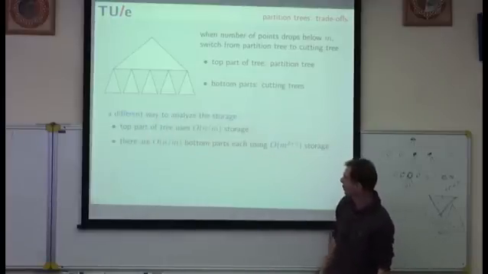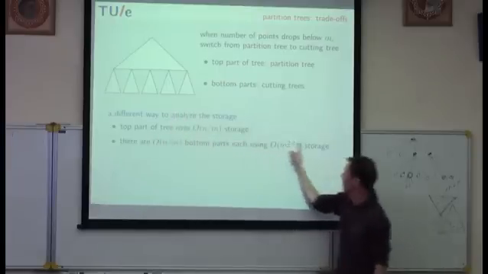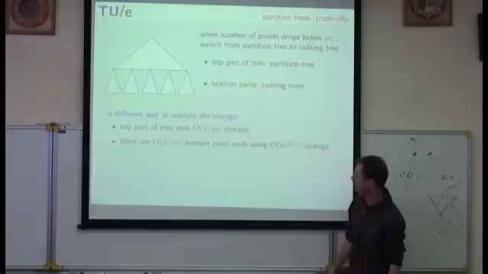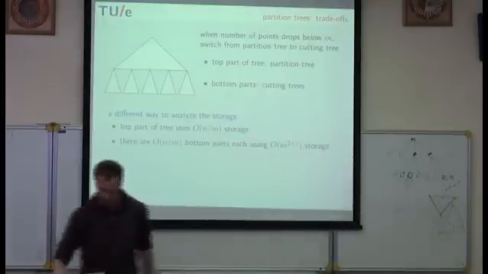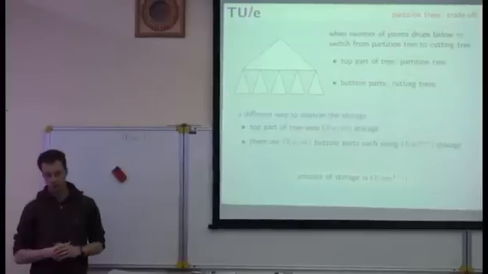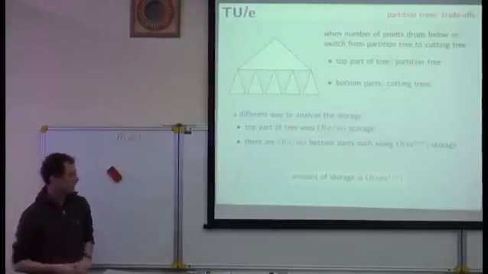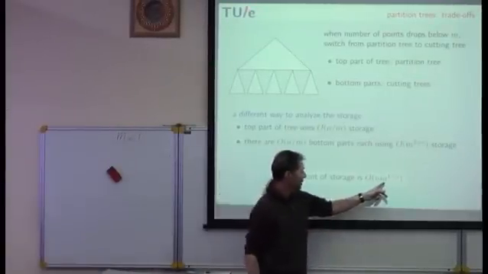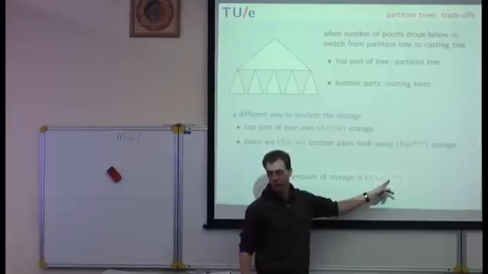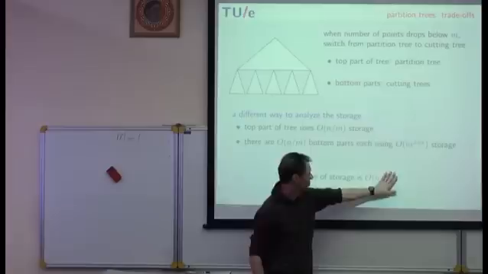So if I multiply, this is the number of these cutting trees, each one takes this amount of storage, so I simply get n times m to the 1 plus epsilon. Indeed, when n equals m, this is n to the 2 plus epsilon, because you just have a single cutting tree on the whole point set, and when m equals 1, you simply get linear.